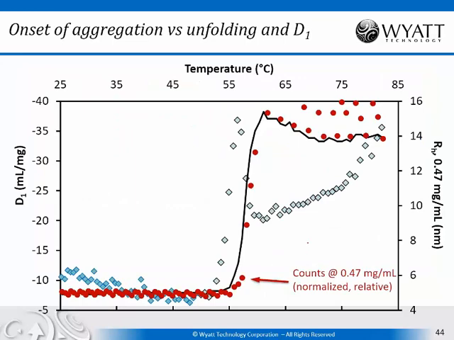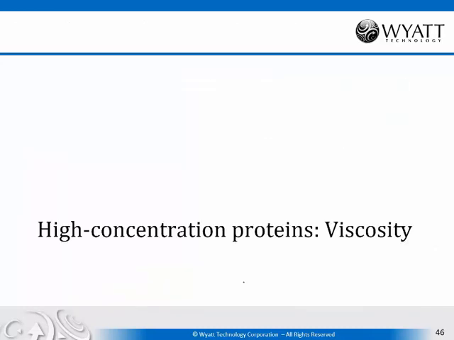I mentioned that you can measure static light scattering as well, and you can see here the count rate. And we can see here that the RH begins changing and increasing a little bit earlier than the change in count rate. And so that corresponds to unfolding, and then only later on do we actually have aggregation, which shows up as change in the count rate. So all that information is contained in this one dynamic light scattering run on the plate reader.